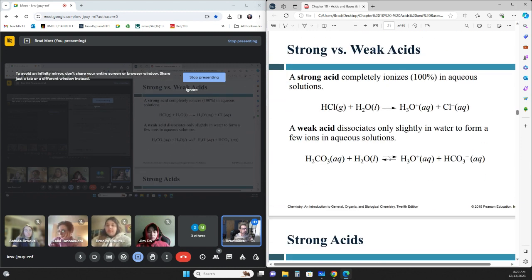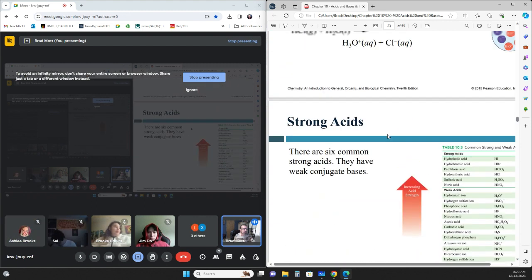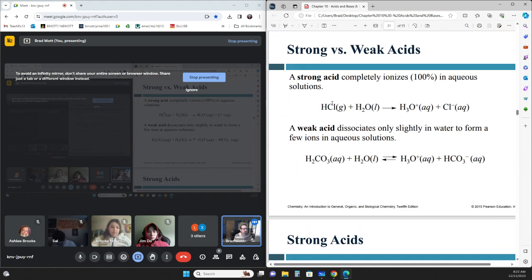Okay. And the difference between a strong and a weak acid is this. Just like when we were looking at solutions, strong and weak electrolytes, there are strong acids and weak acids. Hydrochloric acid in water will completely dissociate for all intents and purposes into hydronium and chloride.